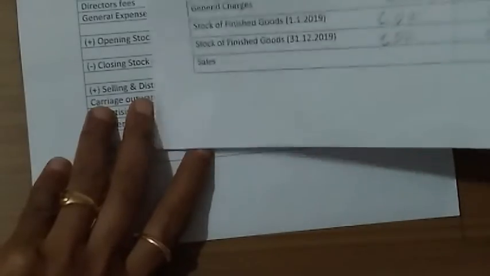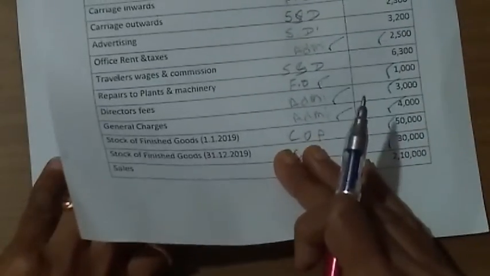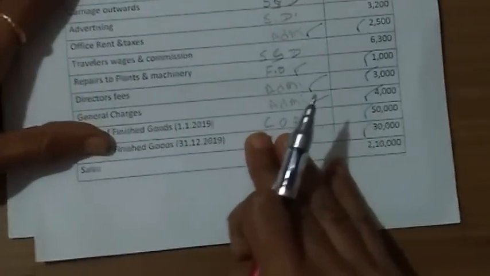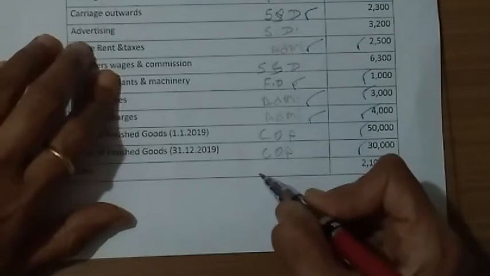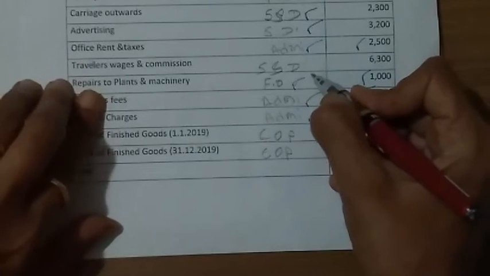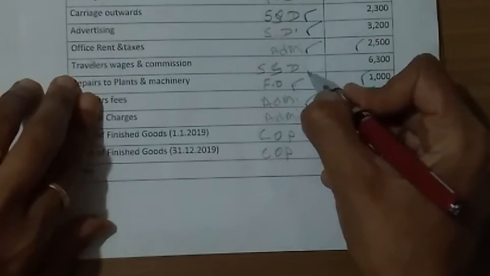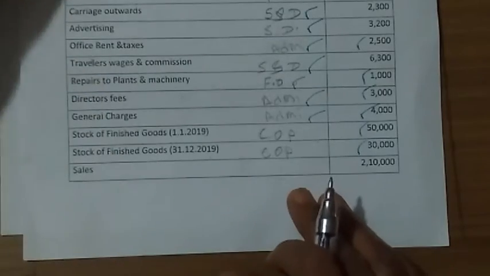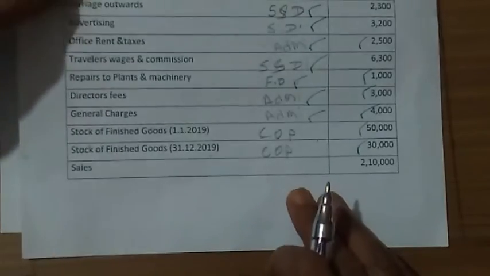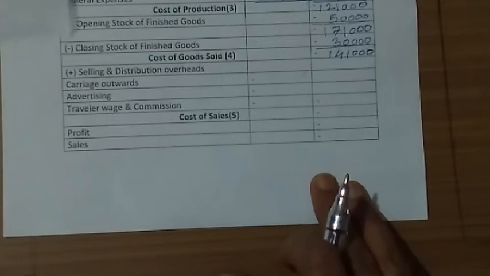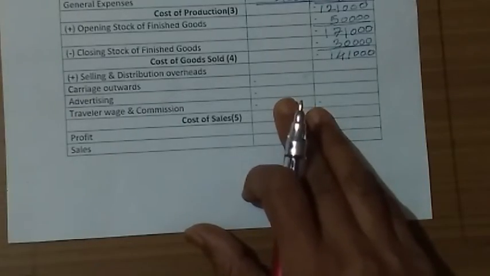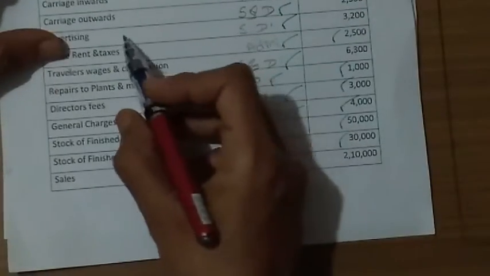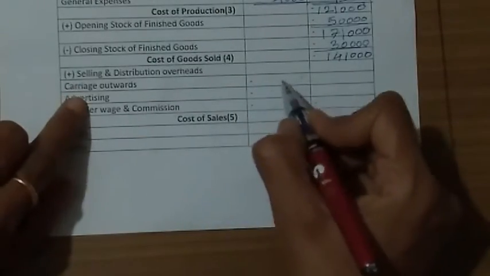In your problem, selling and distribution overheads are carriage outward, advertising, travelers' wages and commission. First one, carriage outward 2,300.